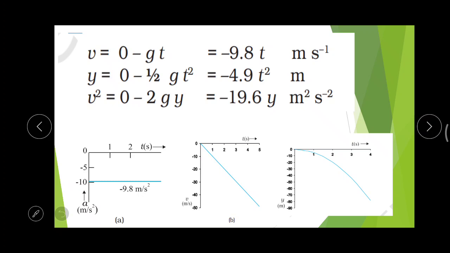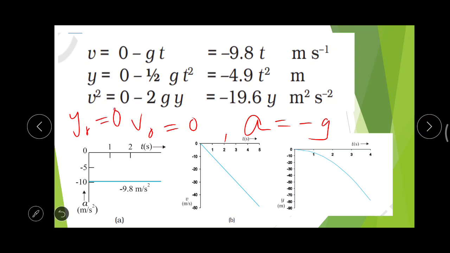Here v0 is equal to 0, acceleration a is equal to minus g, and initial position y0 is equal to 0.